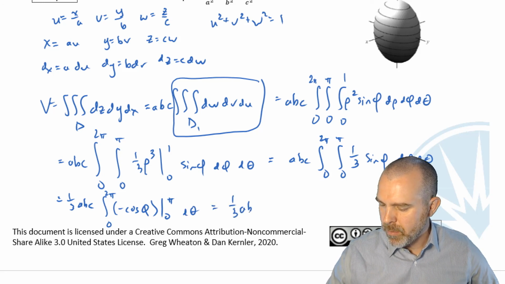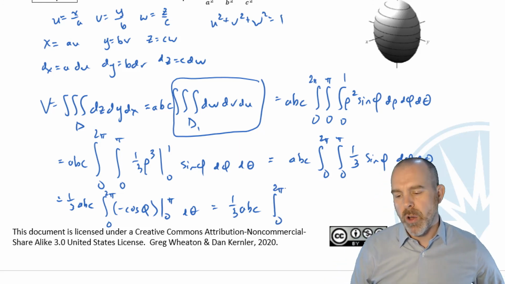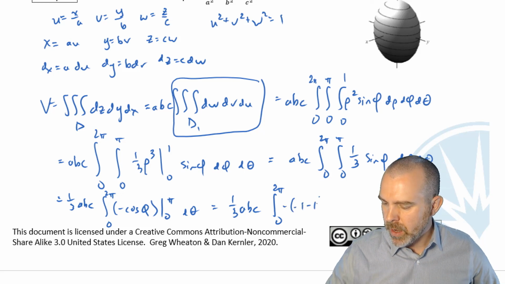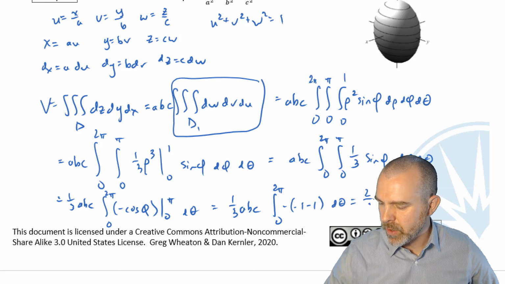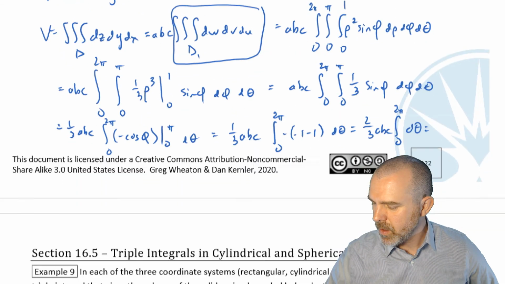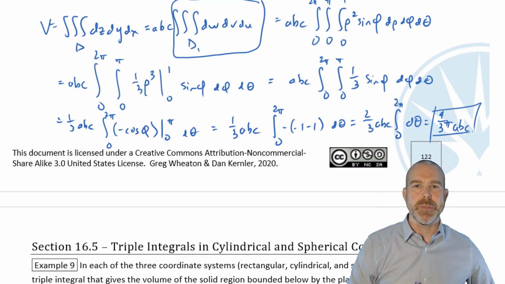That's 1/3 a, b, c, integral from 0 to 2 pi. Negative cosine of pi is 1, minus negative 1, so we get 2 d theta. So that's 2/3 a, b, c, integral from 0 to 2 pi d theta. That means we're just going to multiply by 2 pi. And so we end up with 4/3 pi a, b, c as the volume of that ellipsoid.